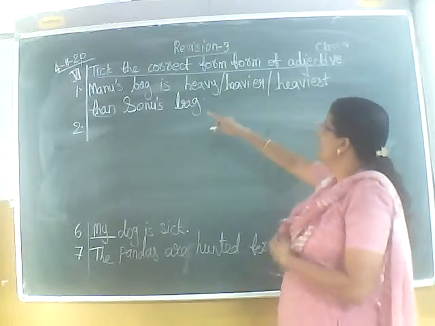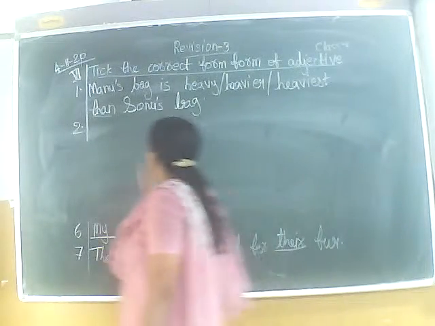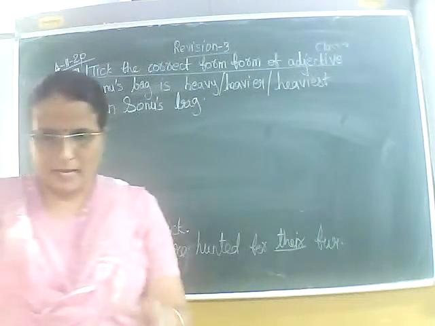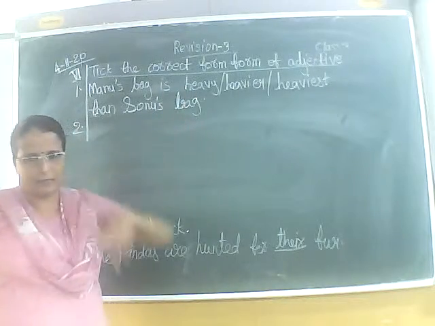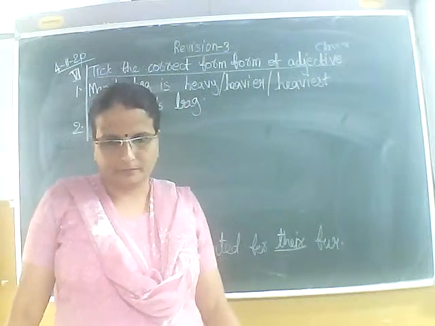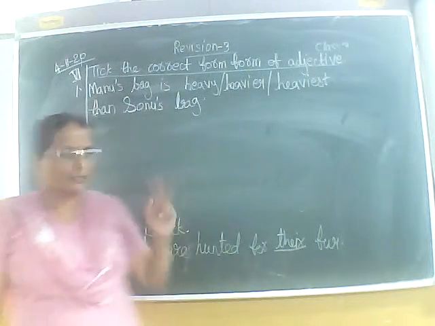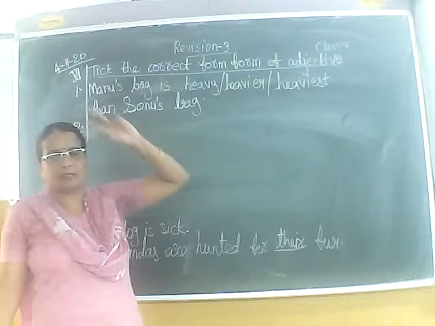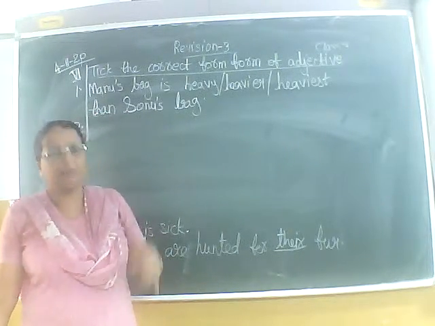Now, Manu's bag is heavy, heavier or heaviest than Sonu's bag. First of all, here we are comparing the bags of Manu and Sonu, two bags. So I told you, if we are comparing the qualities of two people, two animals or two things, then we will use comparative degree.